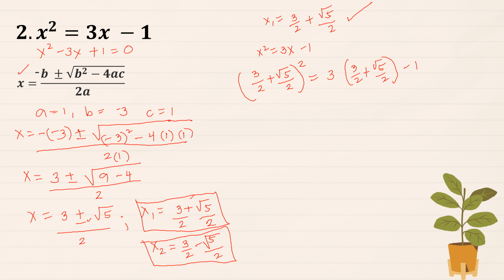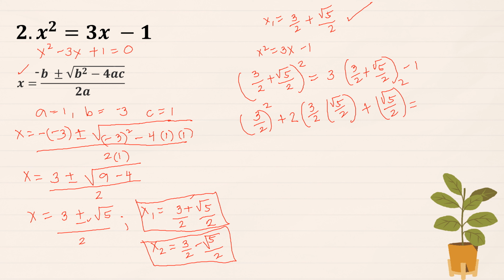So this is already squaring a binomial. Thus, we need to square the first term. So that is 3 halves squared, plus twice the product of the first and the second term, and then plus squaring the last term. So our last term is square root of 5 over 2, and this is to the power of 2.